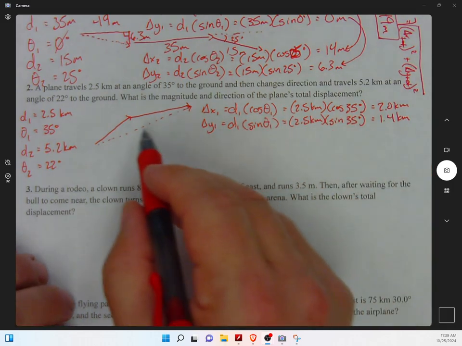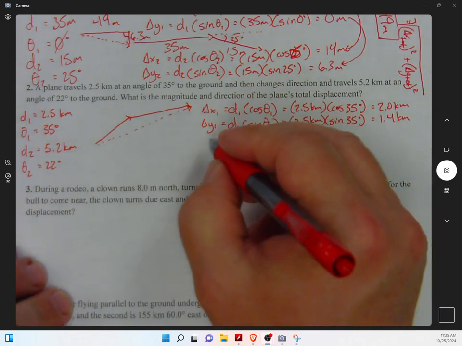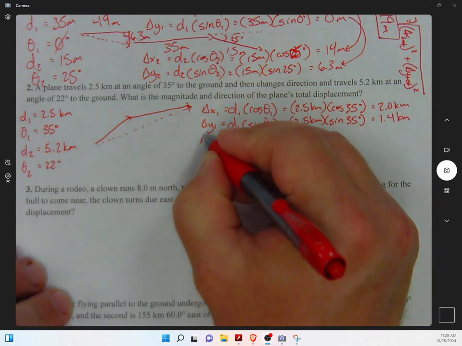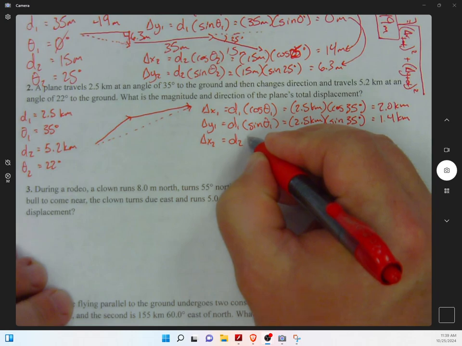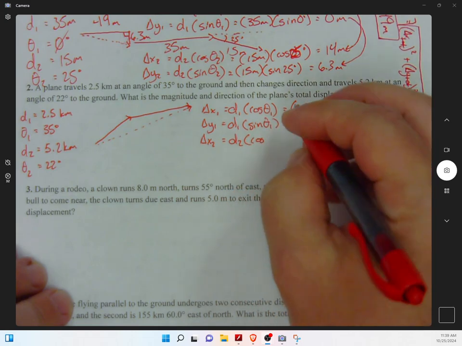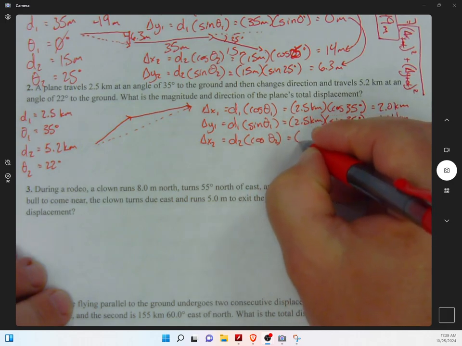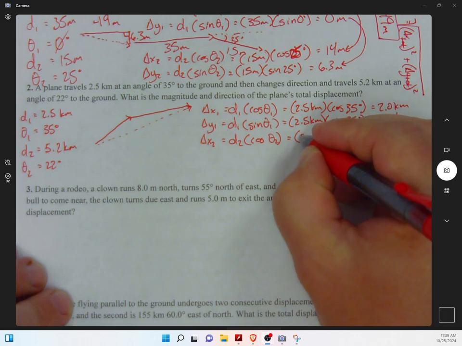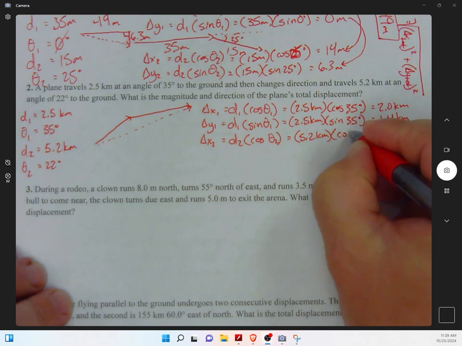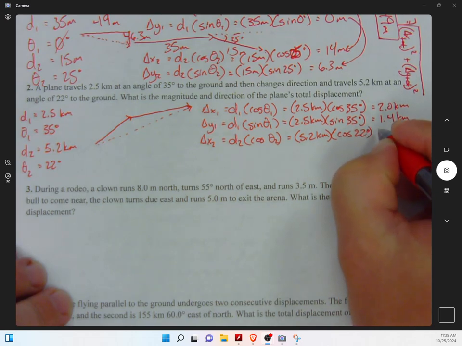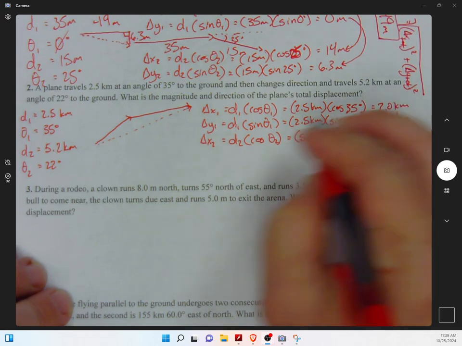And so let's break down our second movement, this one right here, into its components. So we'll have the second displacement multiplied by the cosine of the second theta. That was 5.2 kilometers times the cosine of 22 degrees, which my calculator tells me is 4.8 kilometers.